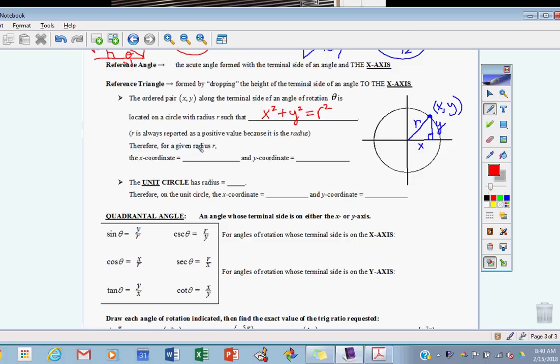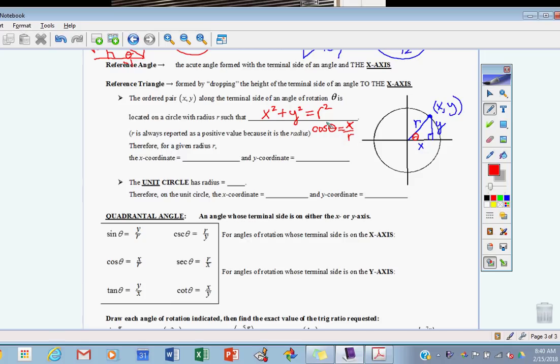So think about this real quick. How do we relate this back to the x-coordinate? Think about this reference angle of theta right now. If I asked you for cosine theta, I would hope you would already have that ratio in your head of adjacent over hypotenuse. You would have x over r.